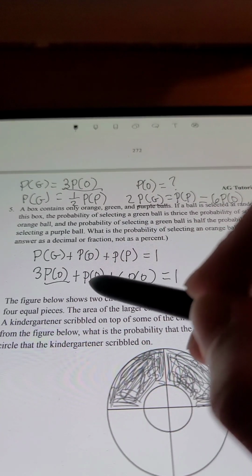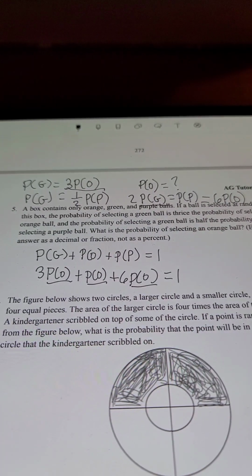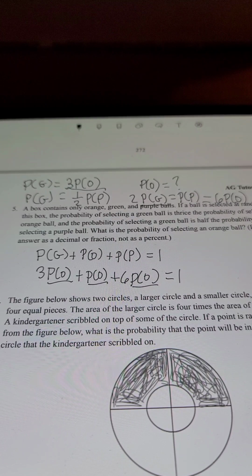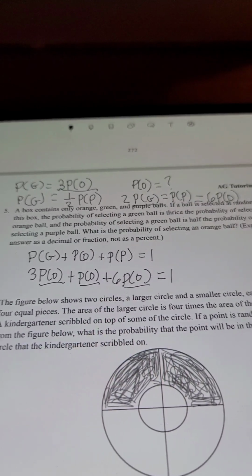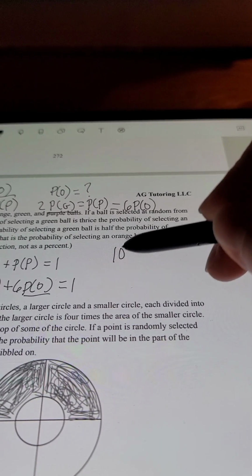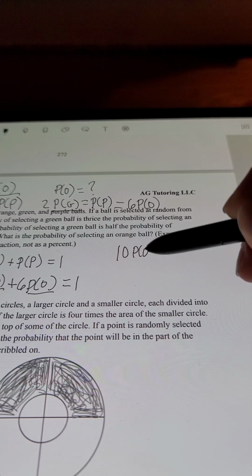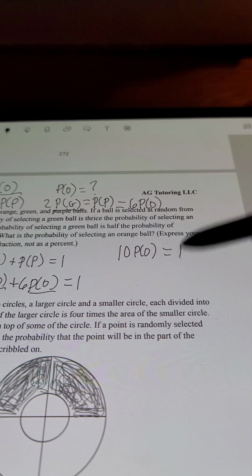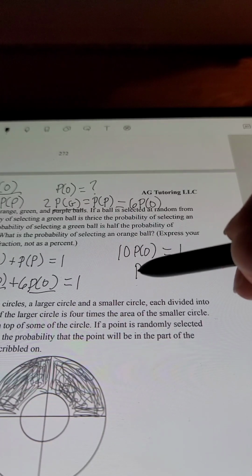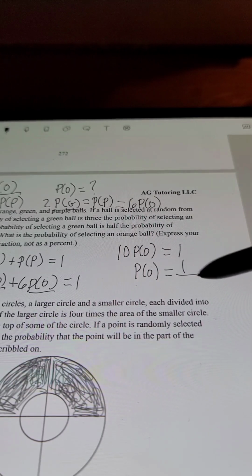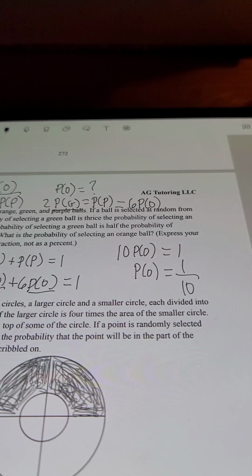So basically, this is my unknown variable that I'm solving for, right? So I'm going to combine my like terms there. That's going to give me 10 times the probability of orange is equal to 1. Now divide each side by 10, and I get that the probability of orange is equal to 1/10.